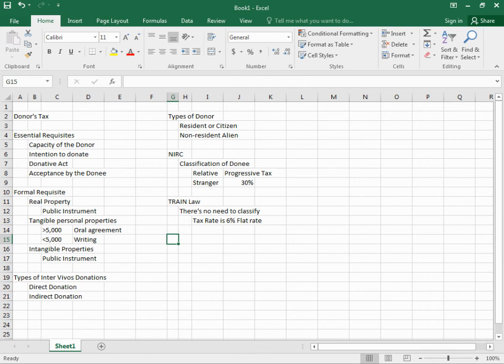Pero ako ang gagamit, ako may control, ako magsasabi kung anong gagawin sa land na to, diba? There's no full transfer of ownership kasi wala naman siyang control over the property. So, that is not yet a taxable donation.